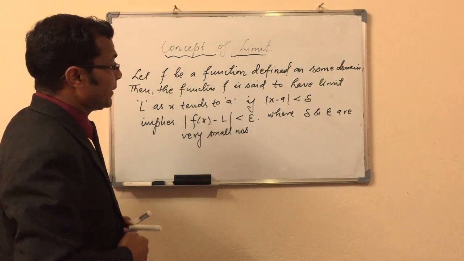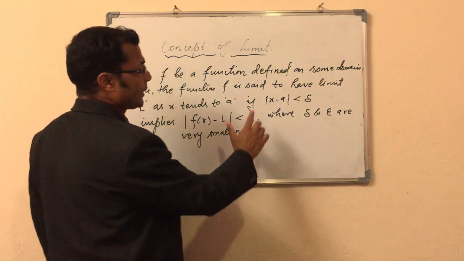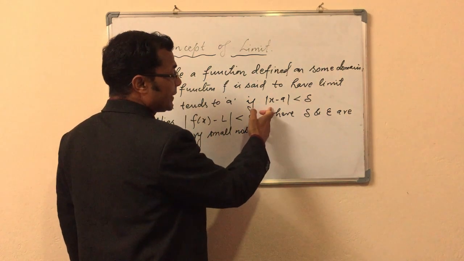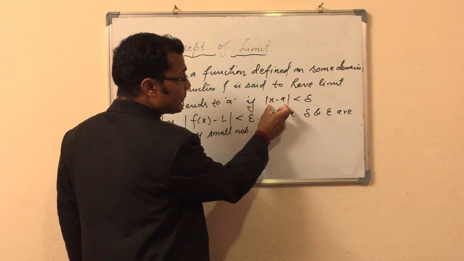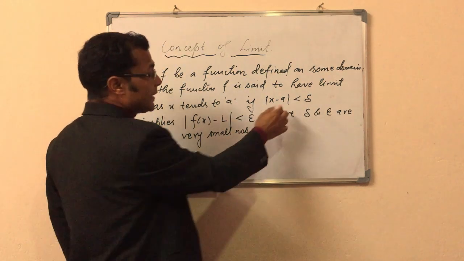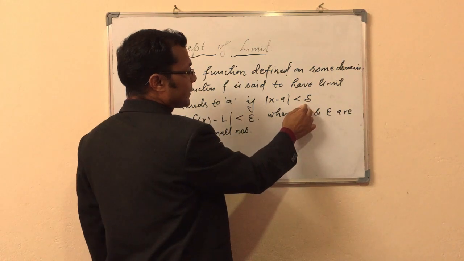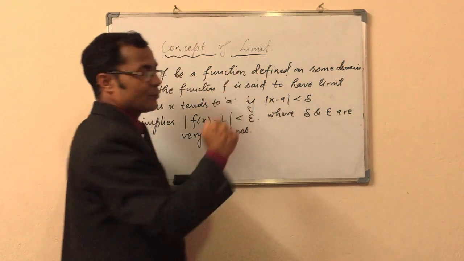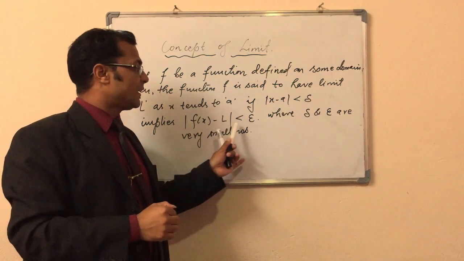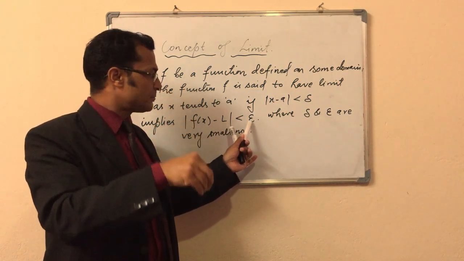And what exactly does it mean? Here, we have got a function, and what we can see over here is when x approaches a, the distance is sufficiently small, then the distance between f of x and L becomes sufficiently smaller.